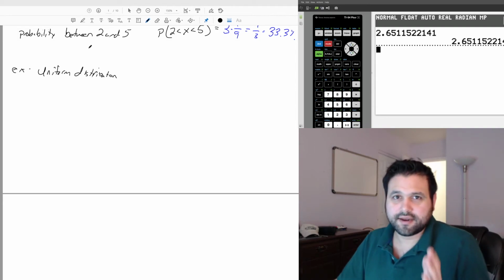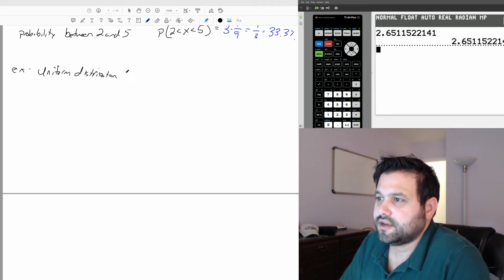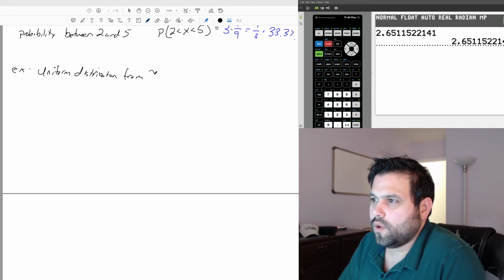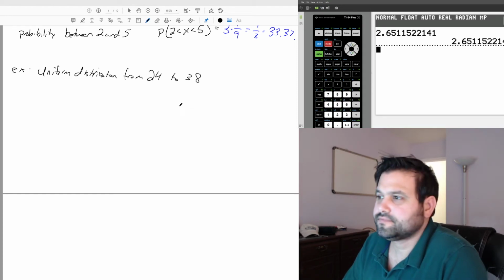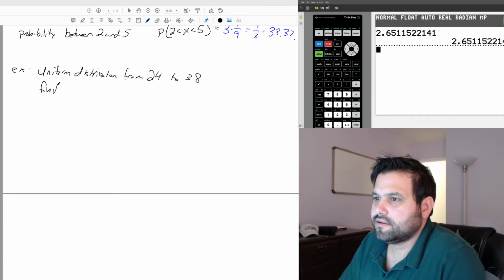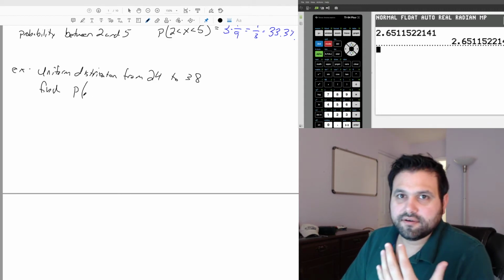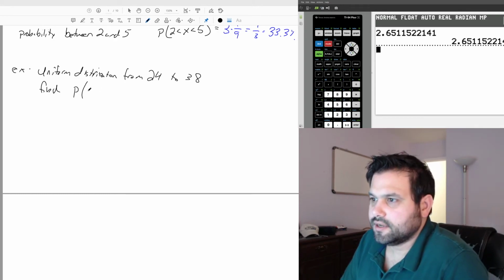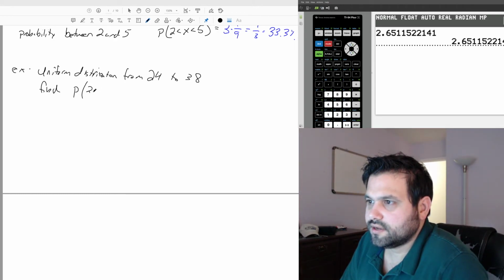So remember, we got to know that it's a uniform distribution first. From, let's say, 24 to 38, find the probability of the variable taking on a value, let's say, between 27 and 30.